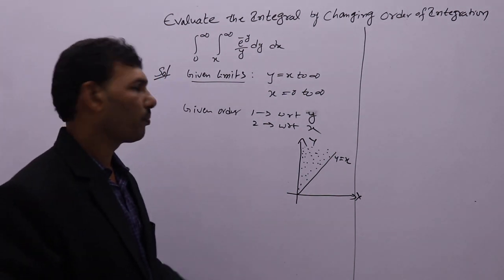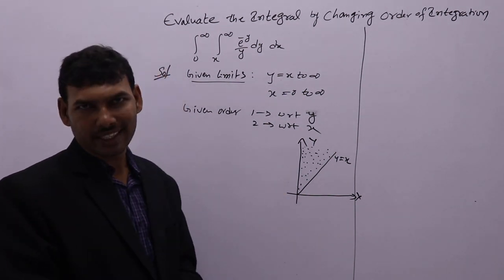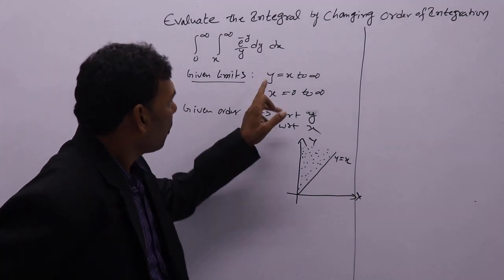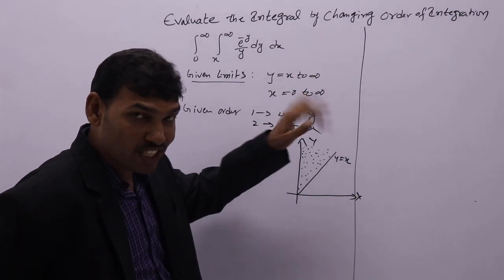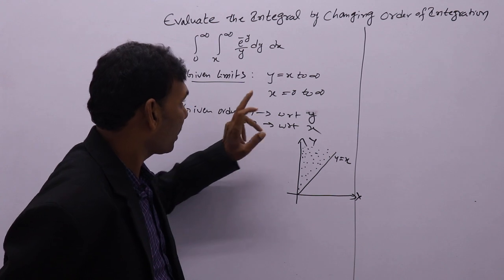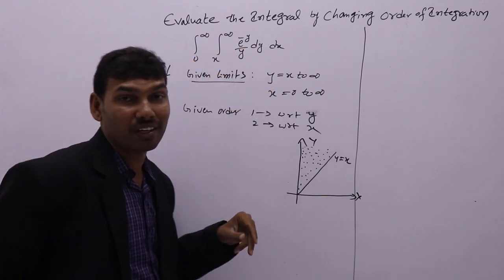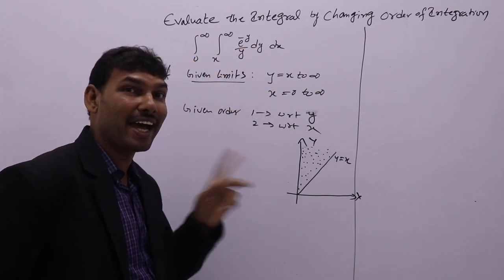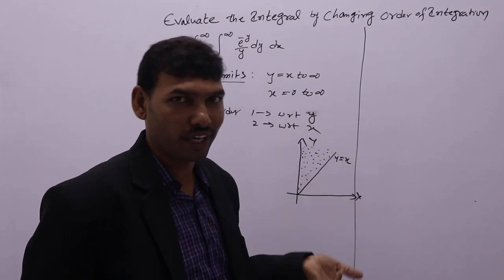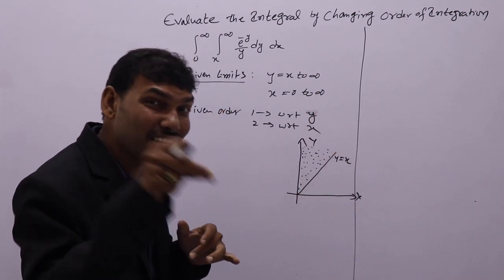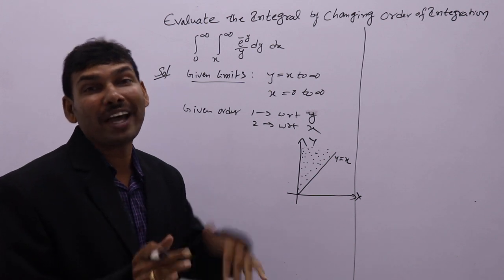Okay. Now, in this region of integration, if y limits are in terms of x, first we need to integrate with respect to y. If x limits are in terms of y, then you will integrate first with respect to x. That means we need to get x limits in terms of y, y limits constant.